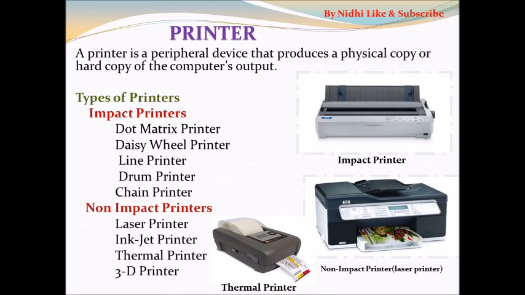Next is inkjet printer. They produce images by spraying tiny droplets or dots of ink on the paper. They have very high quality output and can also produce colored graphics. These printers are less noisy. The average quality of an inkjet printer is 300 dots per inch, although a few latest models offer higher resolution.